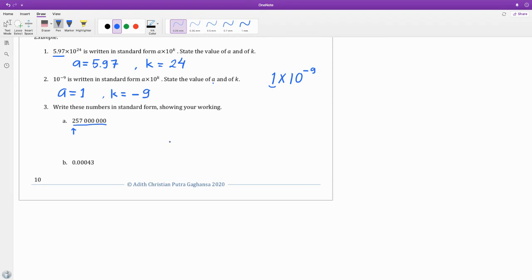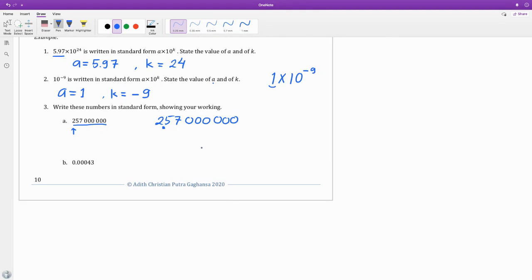Since 2 is the first significant figure of the number 257,000,000, 257 million, then we need to place the decimal point immediately after 2. So we place it here.